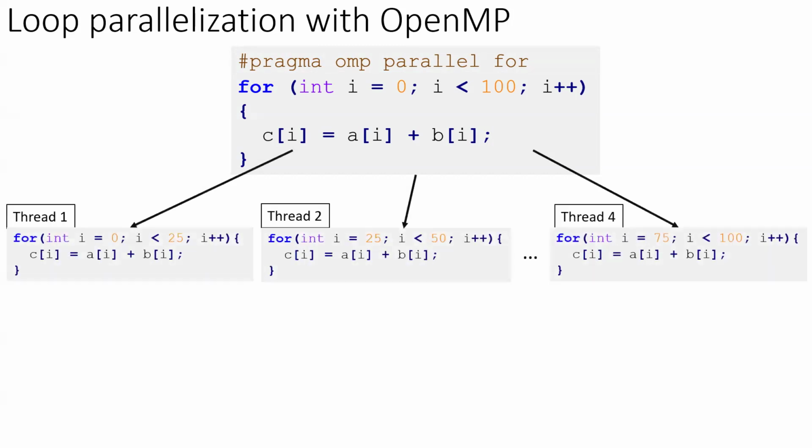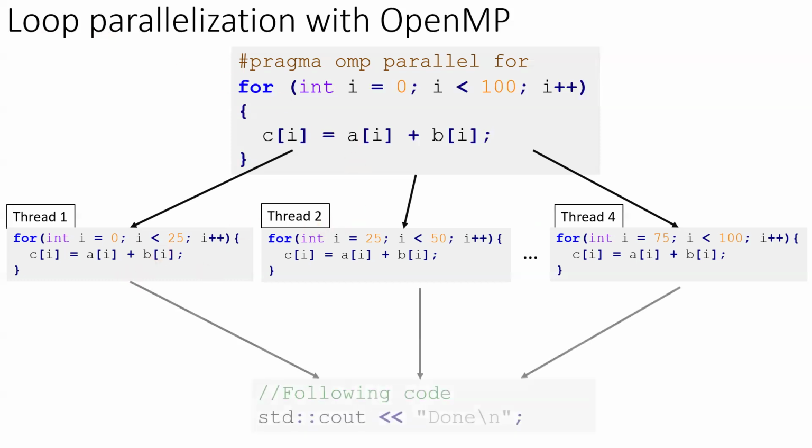And the compiler will directly divide this into 4 threads if you have 4 cores supported. It will divide the ranges into 0 to 25, 25 to 50, 50 to 75, 75 to 100. This is because the compiler knows that executing memory operations continuously in a sequence is faster than jumping.